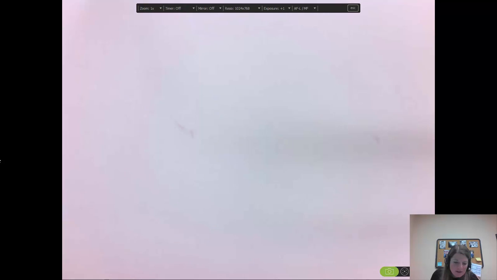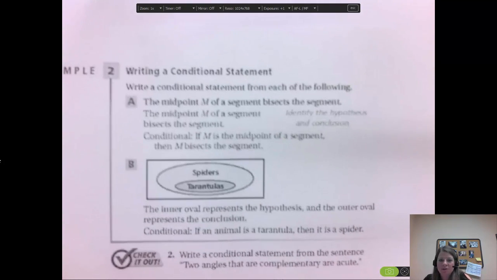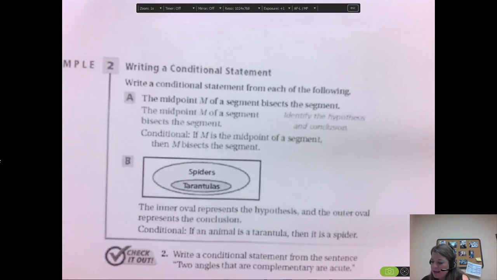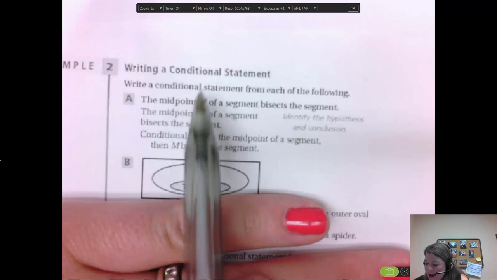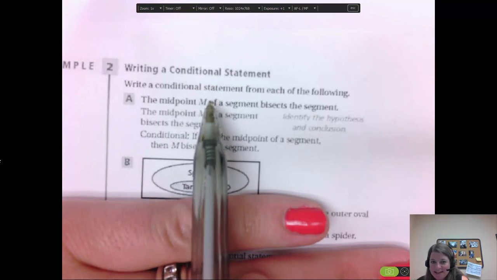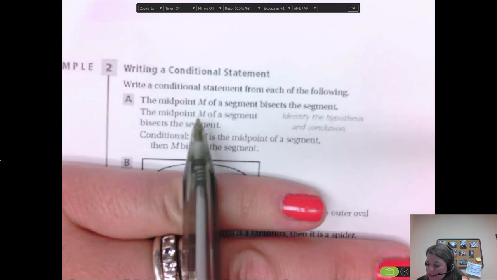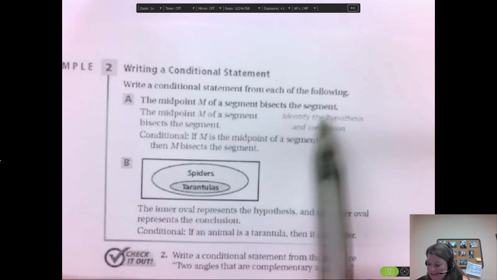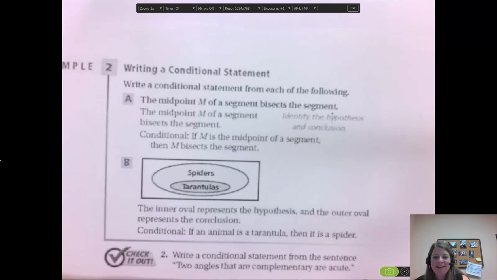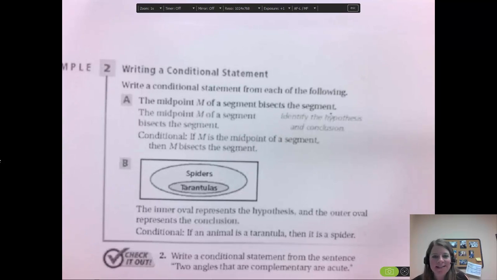Okay, so let's look at writing a conditional statement here. If you want to write a conditional statement, that's an if-then statement, from something. I'm only going to look at A. A midpoint M of a segment bisects the segment. What is the hypothesis?